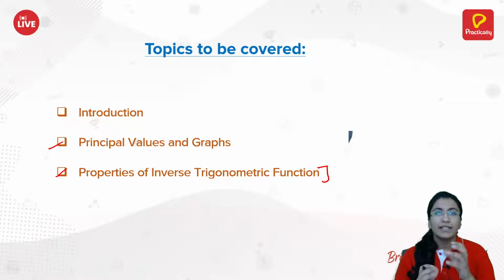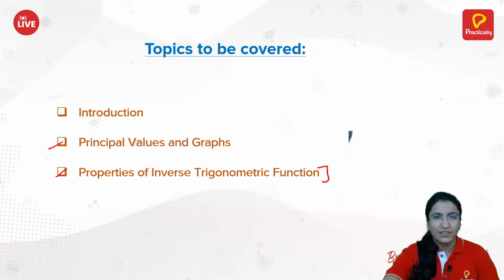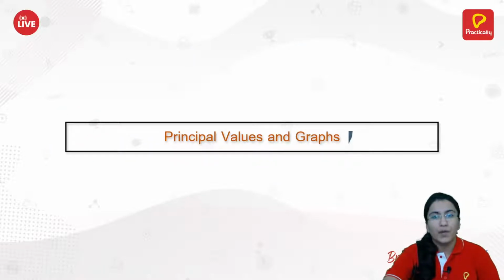So we will be discussing each and every property, along with a memory tip on how we can remember those properties in the examination. So stay tuned and see the complete session so that you can remember all the properties. Let's begin with principal values and graphs.